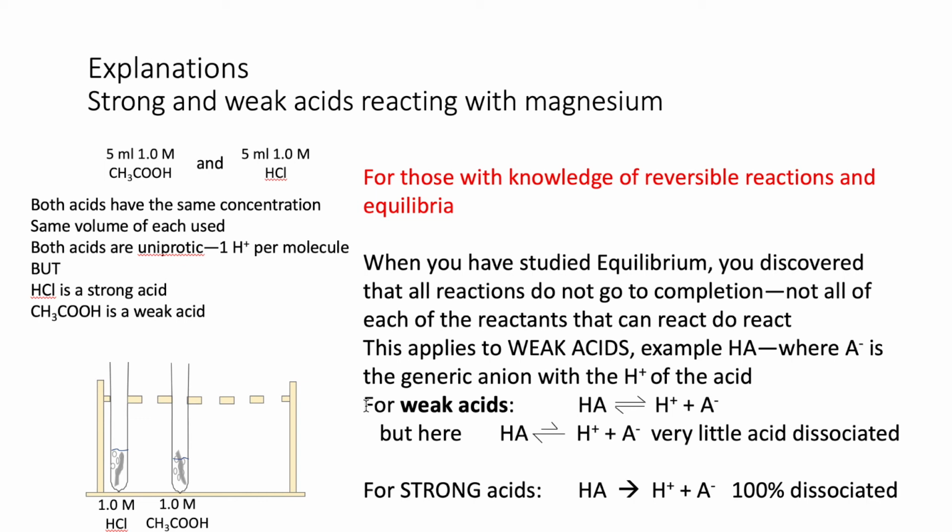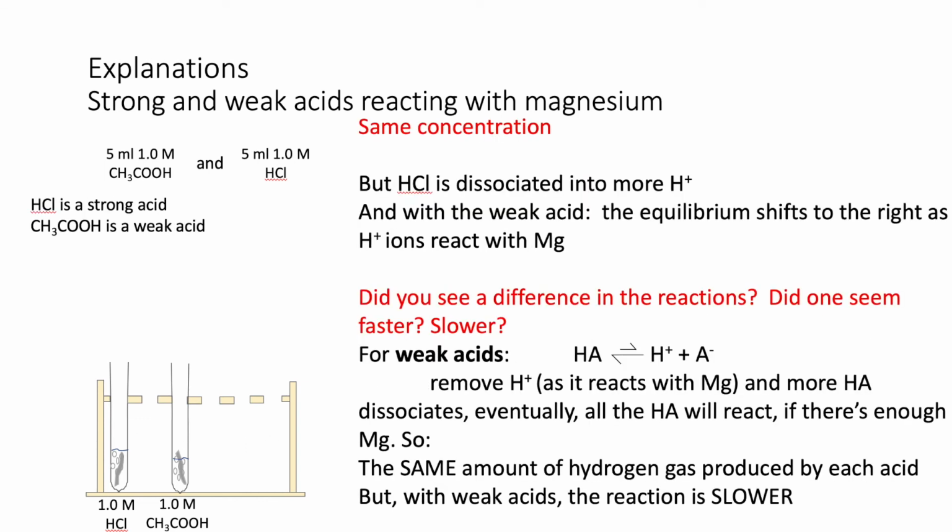Those hydrogen ions will still react. And as the magnesium does react, it removes hydrogen ions, but the dissociation into ions will continue and will eventually all react if there's enough magnesium. So read that one carefully.